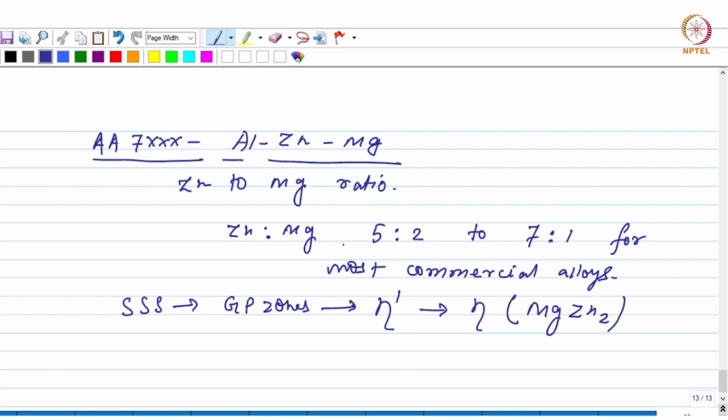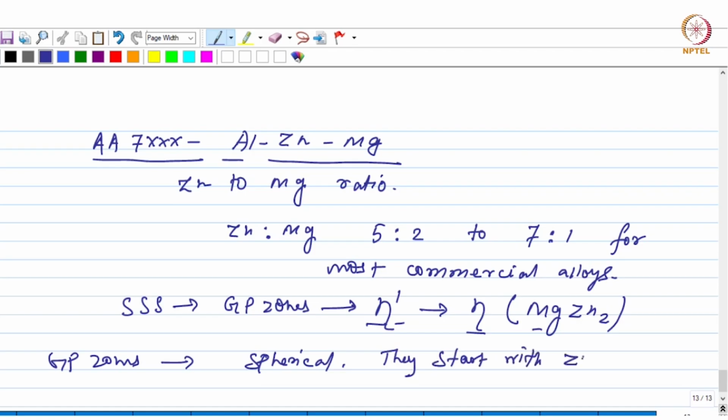Here the main precipitate is the eta prime phase and the equilibrium phase is eta, or MgZn2. If you look at the GP zones, in this case also they are spherical and they start with zinc clusters, and slowly the magnesium atoms join.